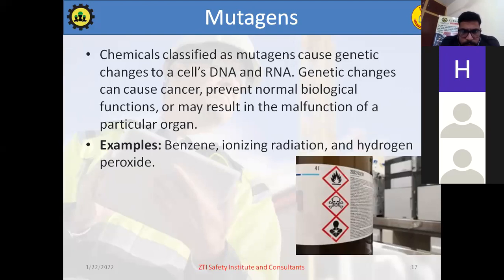Examples of these are benzene, ionization radiation, which is a physical hazard, and hydrogen peroxide.